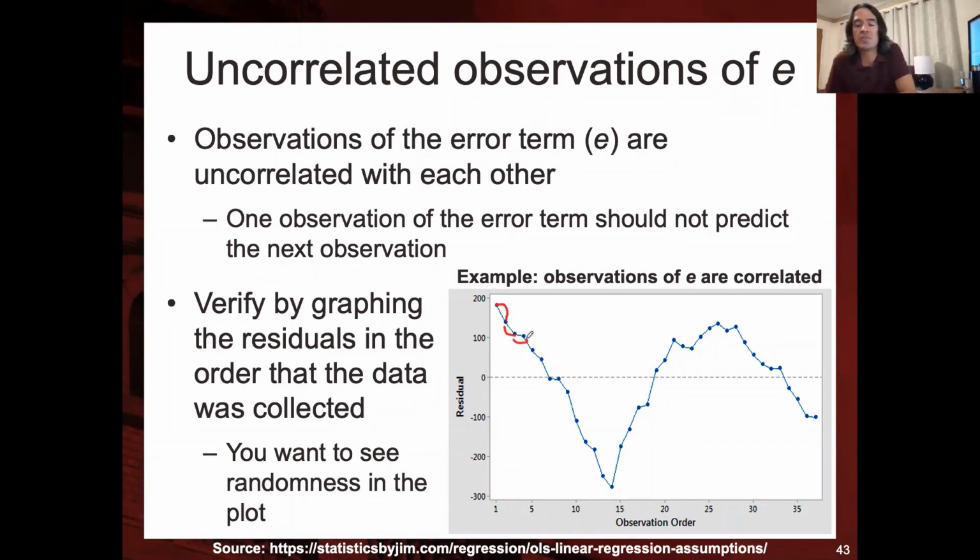For example, if I have a sample that I collected every year or every month, I expect that the answer of that person should not be correlated with the one they are going to give the next month, right? If I put these residuals in the order they were observed, and I see a pattern like I have here, then my assumption of uncorrelated error terms is not being followed.